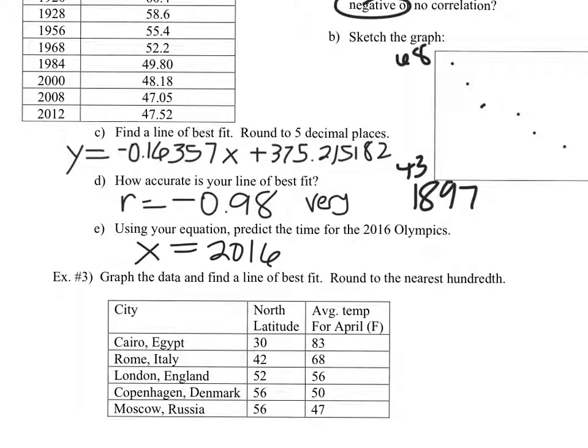Okay, so this is what you're going to do. You're going to go to your calculator, and you're going to do negative 0.16357 times 2016. So I'm plugging it in for x now into my equation. And then plus 375.21518. I kind of went too far on that one, didn't I?